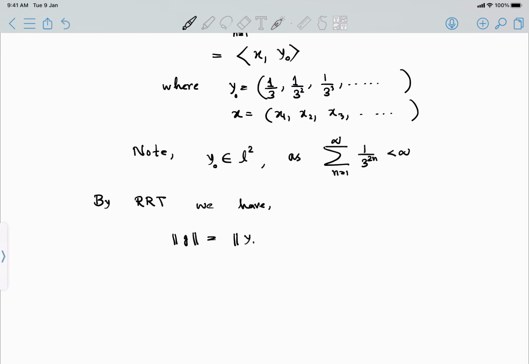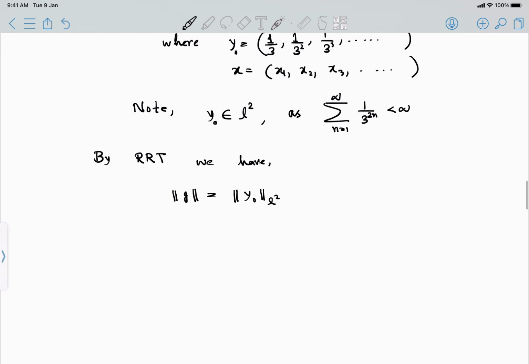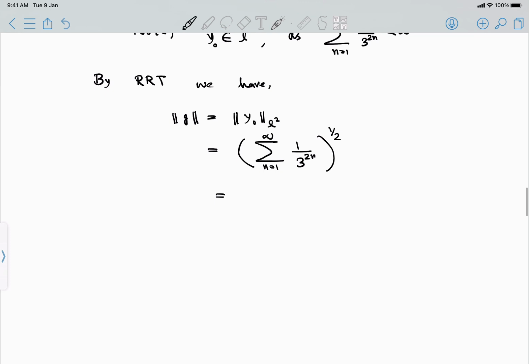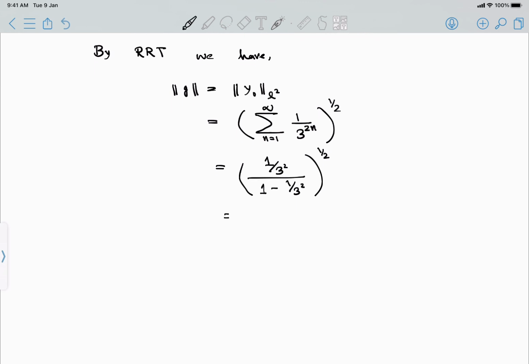By the theorem, the norm of G equals the norm of y naught. So what is the norm of y naught? Its square is the sum from n equals 1 to infinity of 1 by 3 to the power 2n. If you calculate this infinite geometric series, it is a by 1 minus r, giving 1 by 9 over 8 by 9, so 1 by 8.